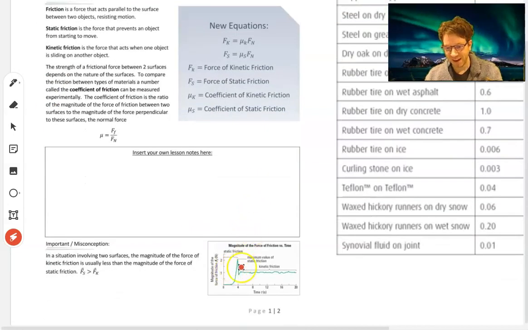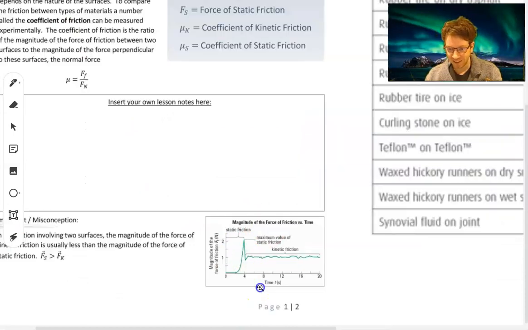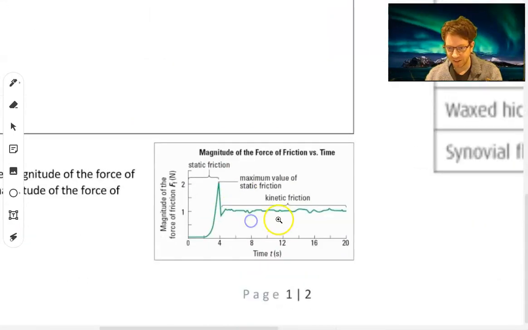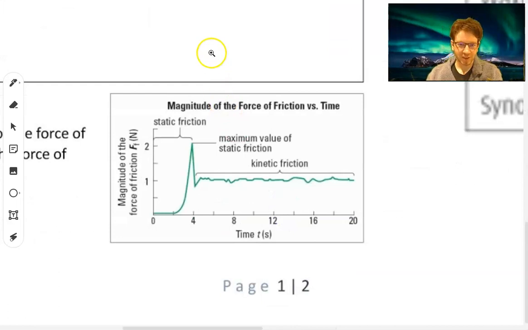So I want to look at this graph down here. Let me zoom in. Here we go. So this graph shows us on the y-axis, the vertical axis, we have the force of friction, and here you have time. So let's say you were trying to push something.